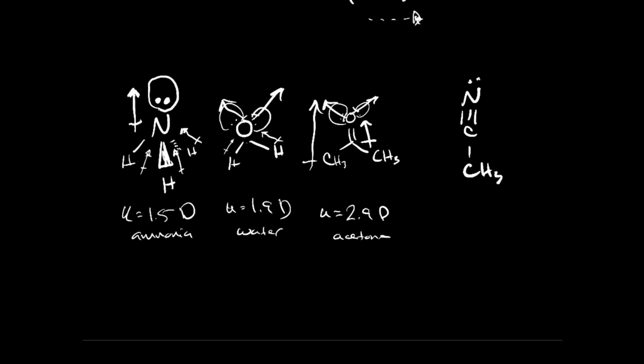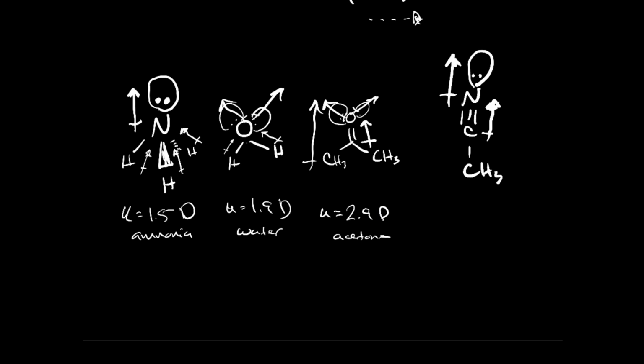And now what's interesting is a triple bonded nitrogen is going to have its lone pair pointing directly out. Let me draw that a little cleaner here. It's going to have its lone pair pointing this way. So this is a totally linear molecule. All right, so this carbon nitrogen has a dipole from electronegativity difference. This nitrogen has a dipole from just having its lone pair pointed out that way.